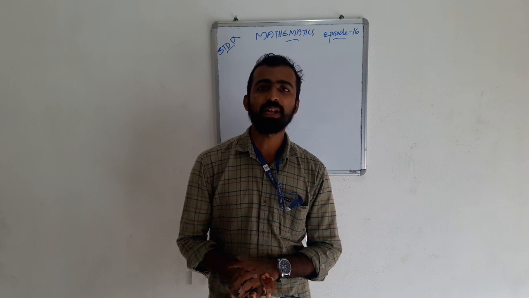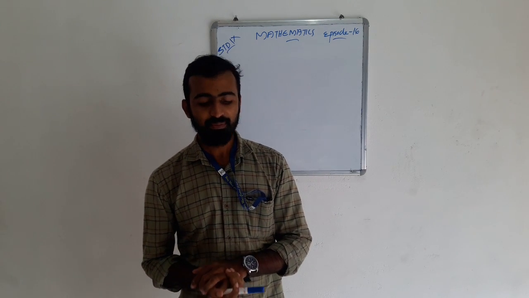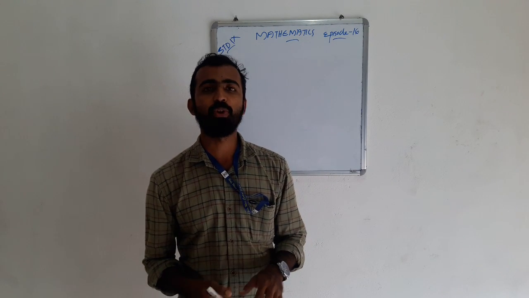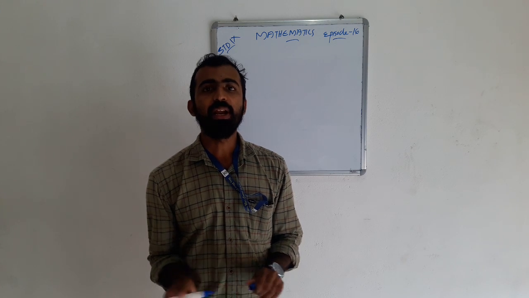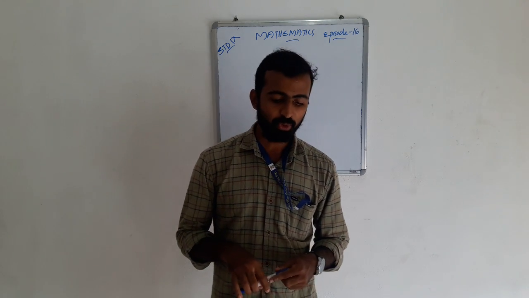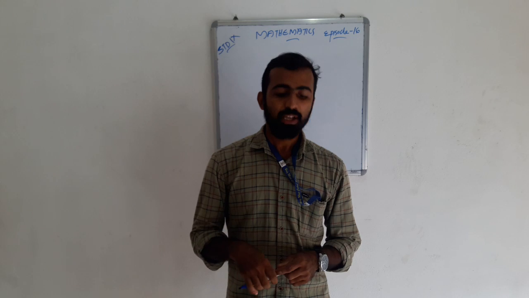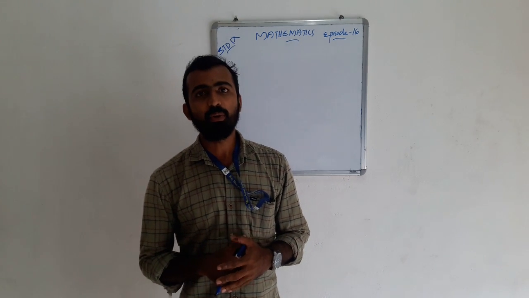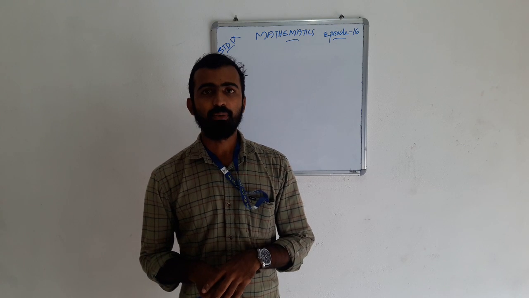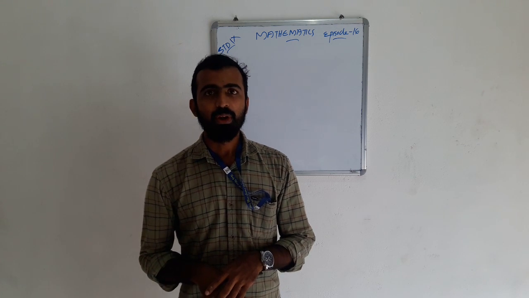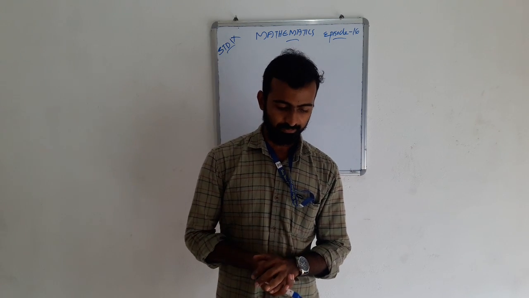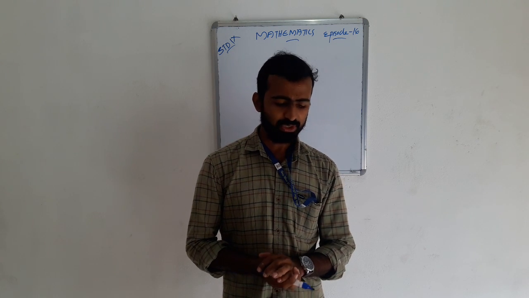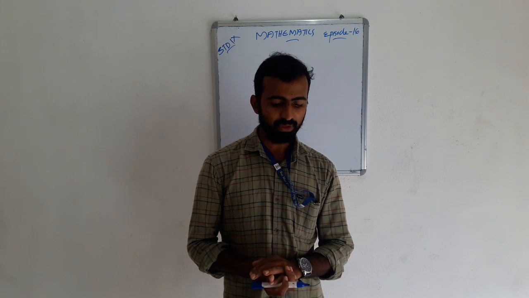In the previous class, we discussed exercise 2.5 in chapter 2, Polynomials. Today we are going to discuss the following questions. We discussed up to the third question, first one.